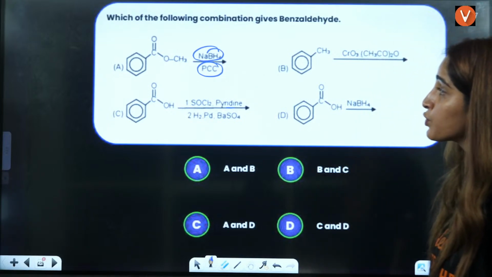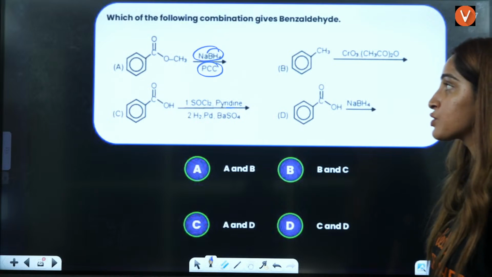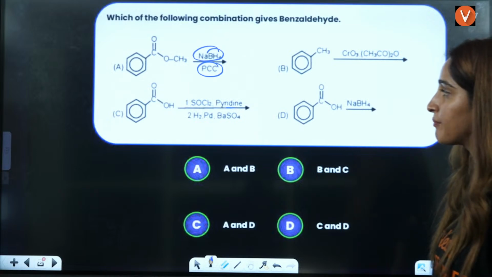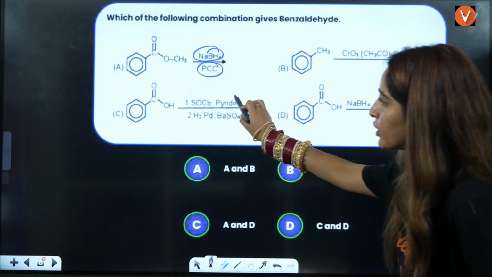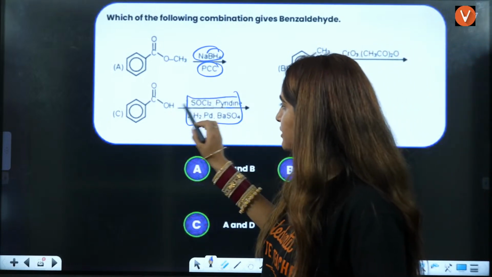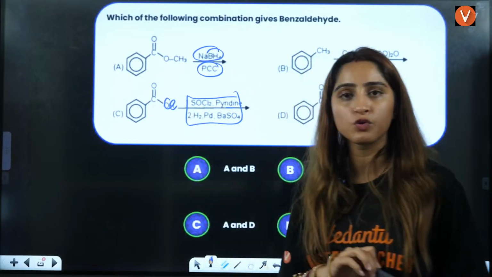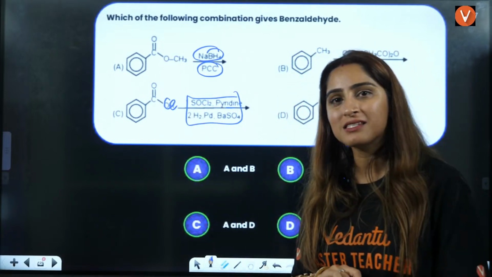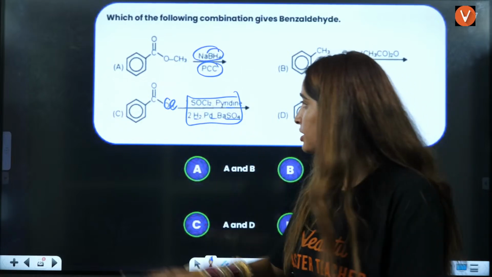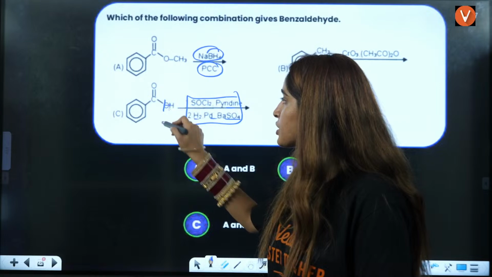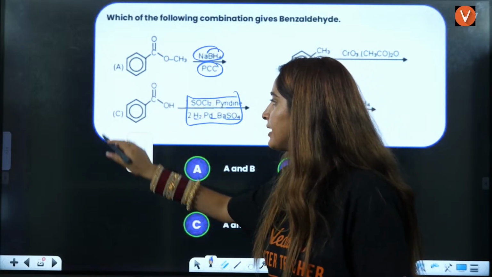Then you use SOCl2 with the help of pyridine, that means you are converting it to COCl. This will be nothing but Rosenmund reduction. So acid chloride with H2/Pd-BaSO4 is Rosenmund reduction. That means we are converting this into benzaldehyde. So this is definitely right.